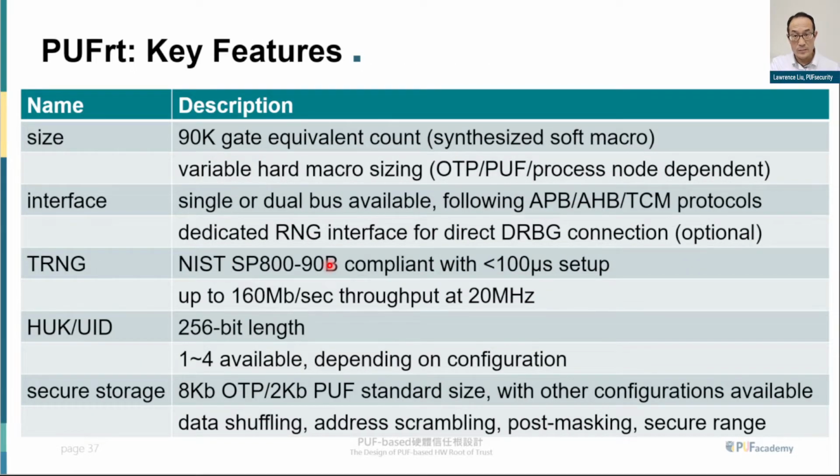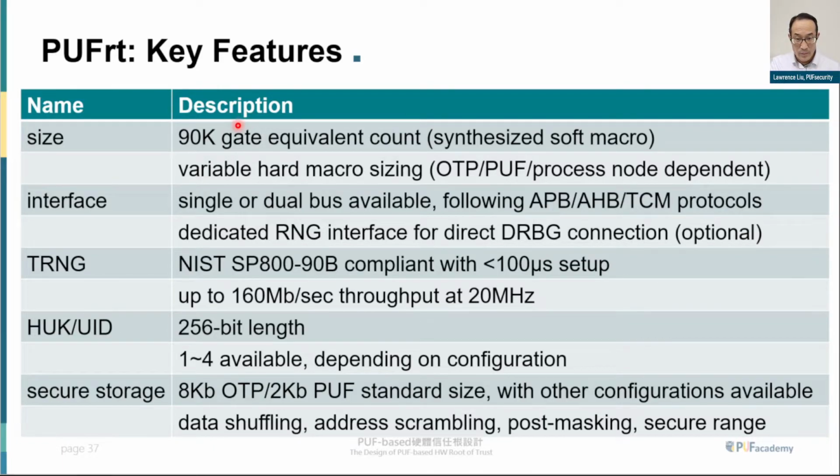So that's PUFrt operations, and now we'll just wrap up with the key features of PUFrt. So the digital RTL portion of PUFrt after synthesis is about 90,000 gate equivalents.